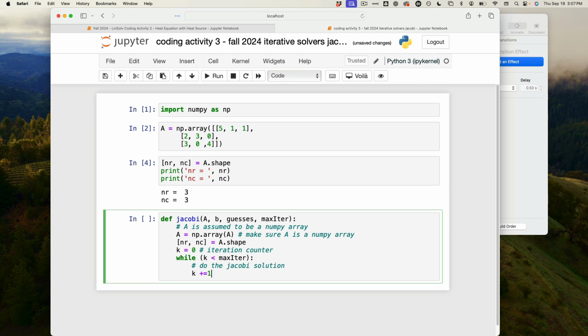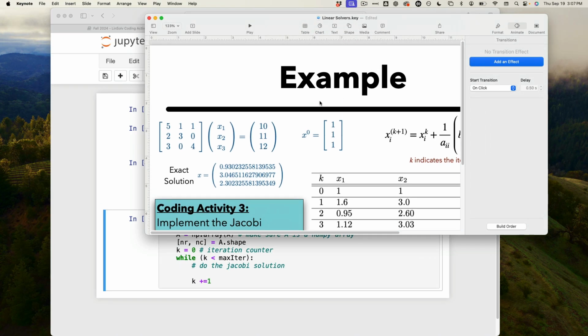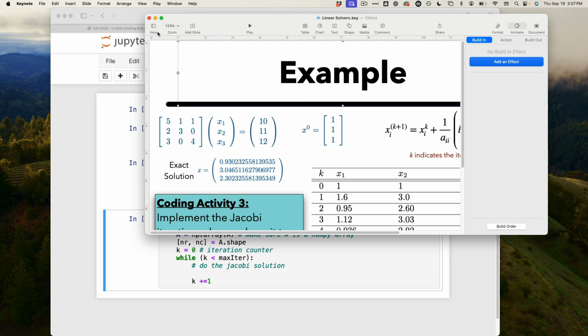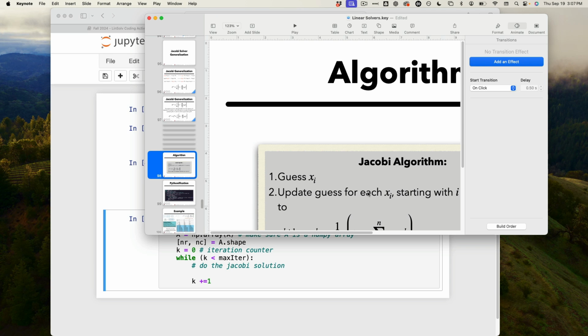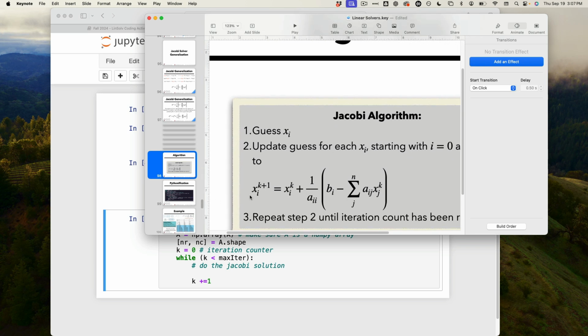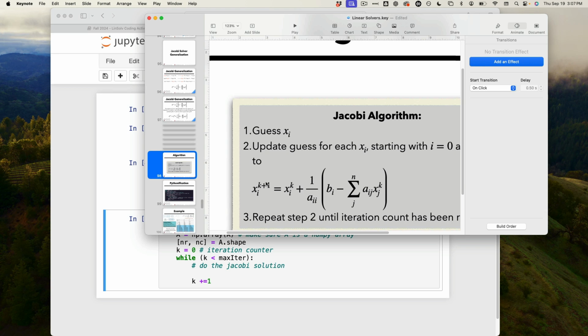For each iteration, I need to do the Jacobi solution. Are we ready to do that? So this was our algorithm, navigator. xi is, so it's looping over the rows.